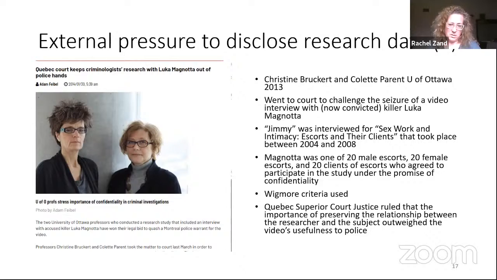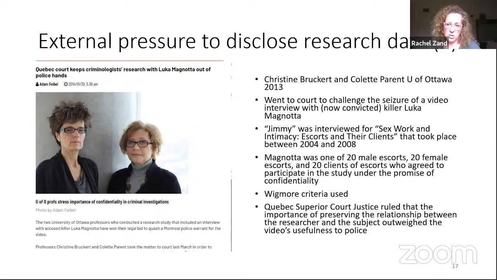CAUT, which is the Faculty Association for all university teachers in Canada, I believe they first got involved to support these researchers legally, and then later on U of O did eventually pay for it. So the Wigmore criteria was used in this case, and the Quebec Superior Court Justice did rule that the importance of preserving the relationship between the researcher and the subject outweighed the video's usefulness to police.